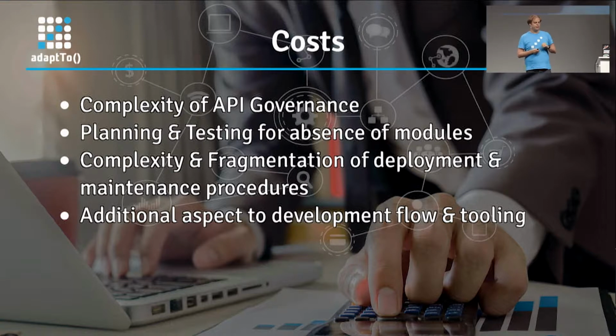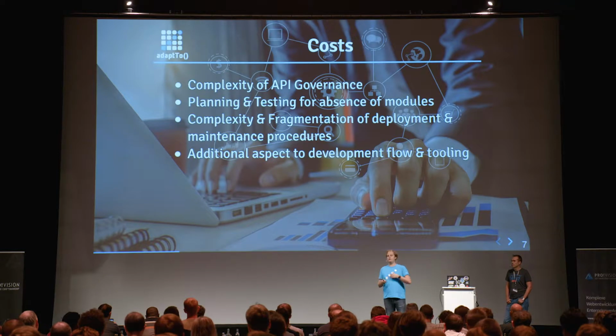There's a lot of additional steps involved that we have to consider, and really have to consider if they justify taking things apart, at least as they are exposed. The planning and testing for the absence of modules is also a critical part, because this is a fundamental change: if code is just not executed or not present, it might make a big difference.